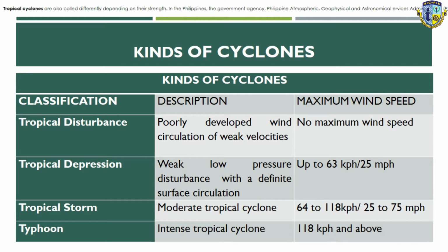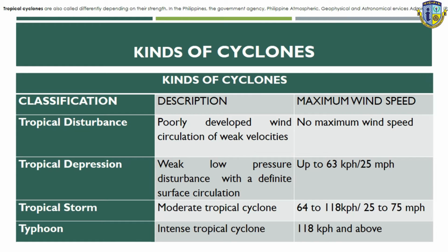Tropical disturbance: poorly developed wind circulation of weak velocities, no maximum wind speed. Tropical depression: weak low-pressure disturbance with a definite surface circulation, up to 63 kilometers per hour or 25 miles per hour.